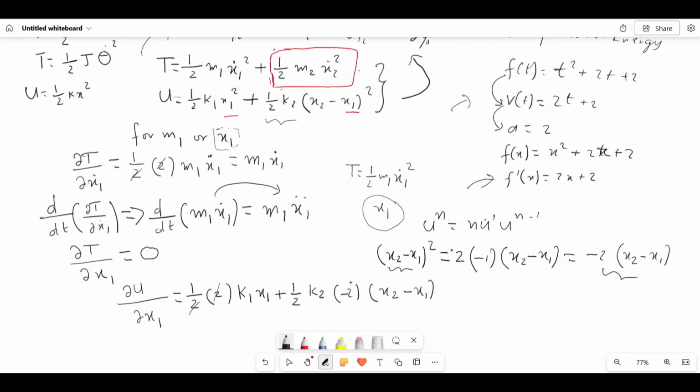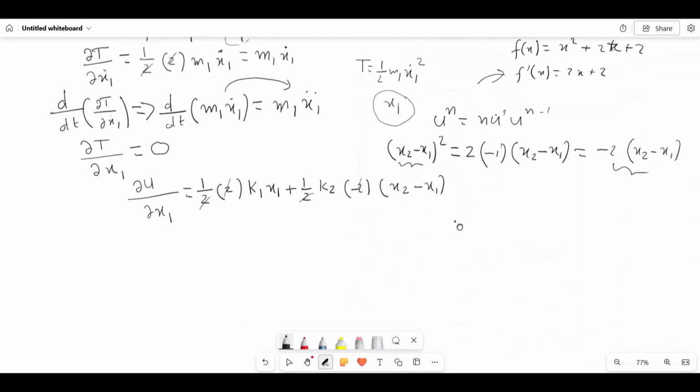You will notice that 2 will cancel 2. I'm going step by step so that we can be on the same line. So literally the expression here should be k1 x1 minus k2 multiplied by x2 minus x1.